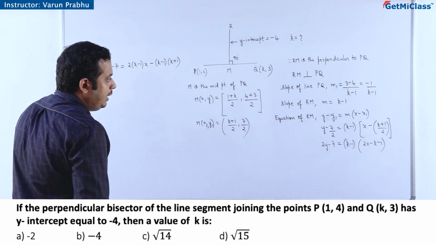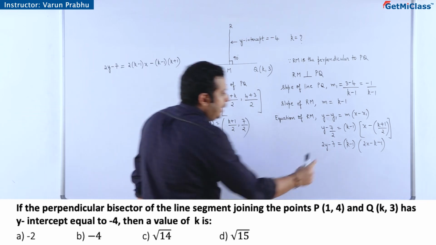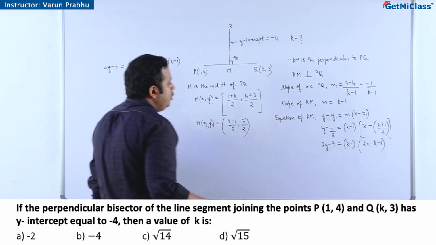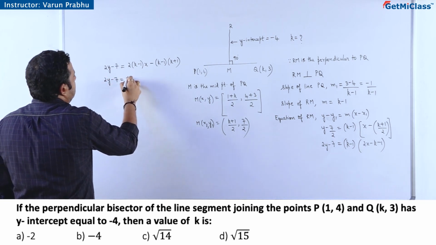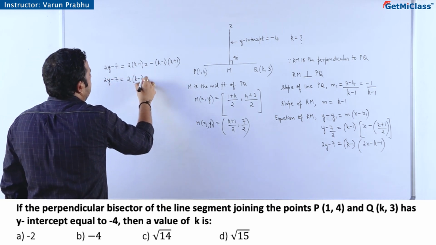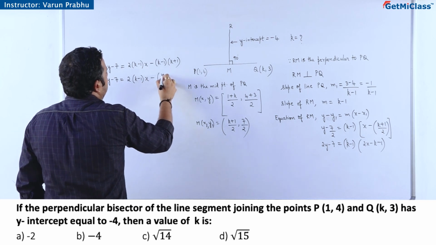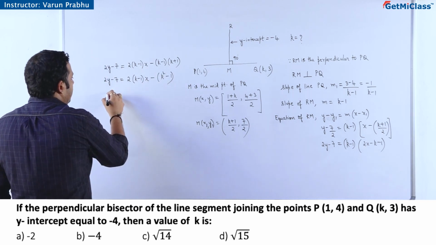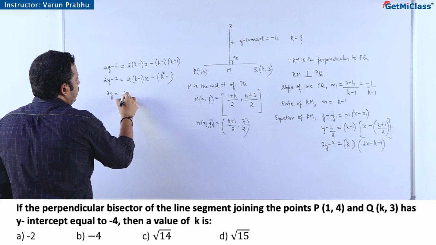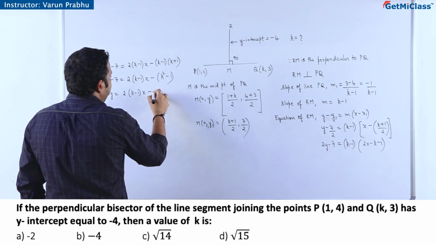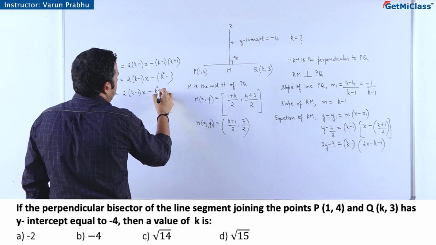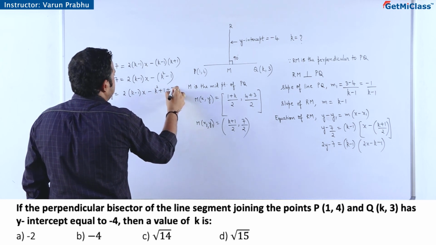I can take the minus sign common here. So 2y minus 7 is equal to 2 times (k minus 1) times x minus (k square minus 1). So 2y is equal to 2 times (k minus 1) times x minus k square plus 1 plus 7.